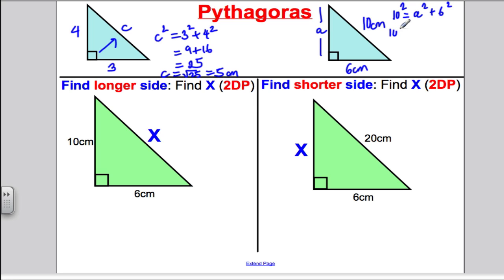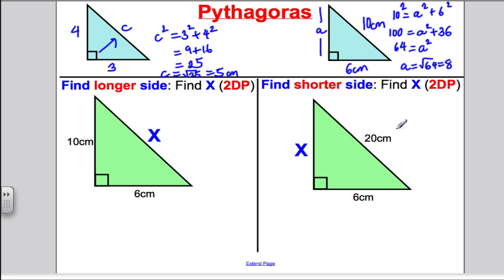So therefore 100 is equal to a squared plus 36. Subtract 36 off both sides, I will get 64 is equal to a squared, and then square rooting, because I've got a squared, a would therefore be the square root of 64, which is 8.